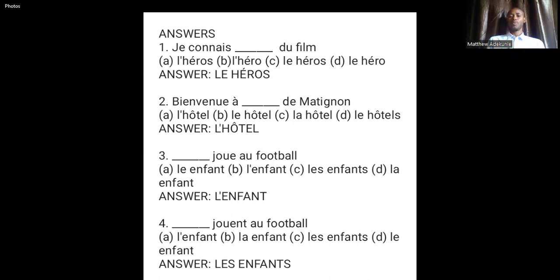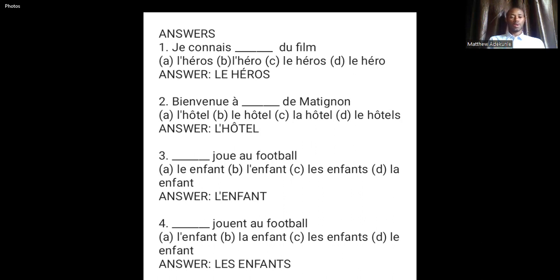The child plays football, or the child is playing football. It is important for you to know that in French, our present tense is the same thing with present continuous aspect. For example, l'enfant joue au football can mean the child is playing football or the child plays football. So, we are picking option B because it is singular. That verb, joue, we only go because it's a singular verb. It will go with singular subject, l'enfant, the child.